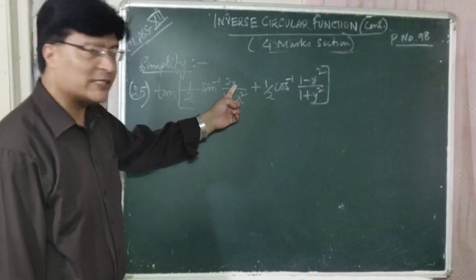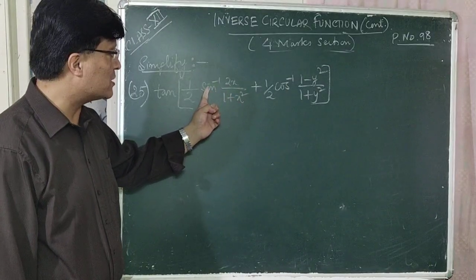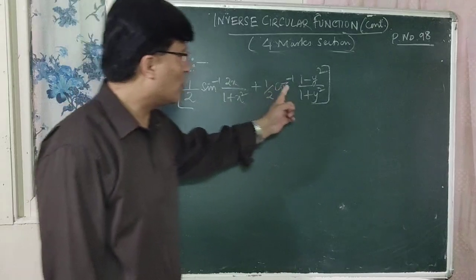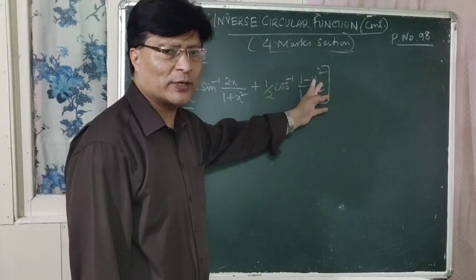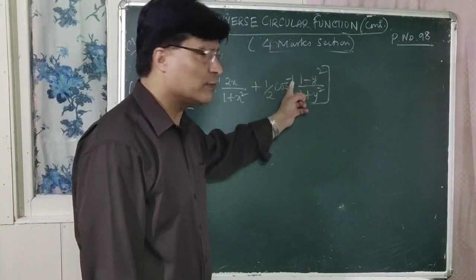What should you put for x here, so that we can have this form sin inverse sin 2 theta? What can you substitute for y here, so that we can have the form of cos inverse cos theta?